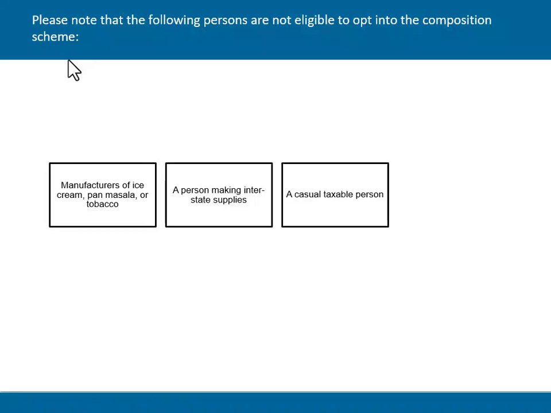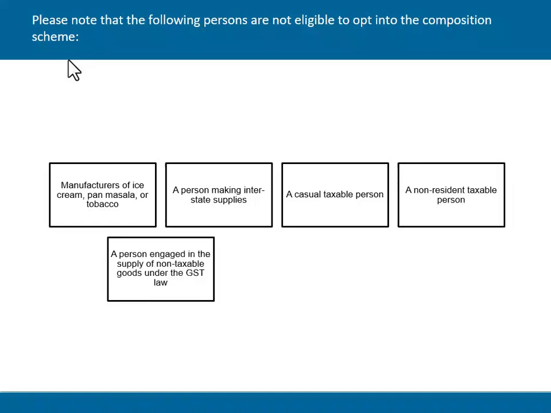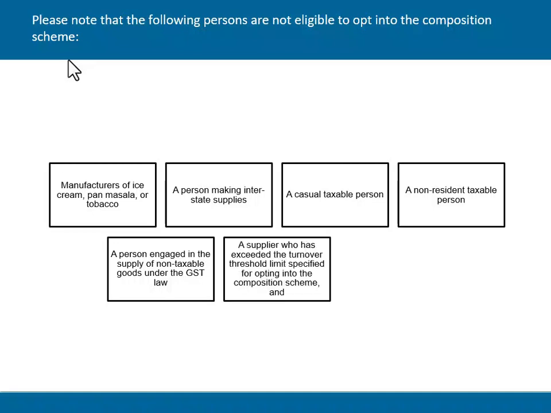Okay. A casual taxable person. Like a person who just does one or two kinds of transactions. We'll go to the definition. A non-resident taxable person. A person engaged in supply of non-taxable goods under the GST law. So he also cannot avail this exemption because उसके goods ही taxable नहीं है. Okay. A supplier who has exceeded the turnover threshold limit specified for opting into the composition scheme.